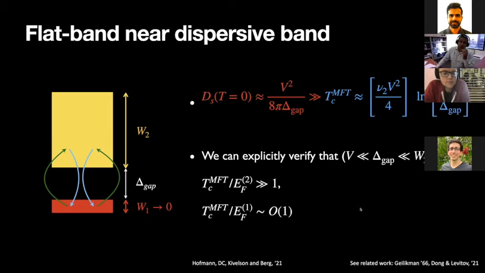Now, the other reason why this example is quite illustrative is because we can explicitly verify whether the actual transition temperature has any of these TC over EF type bounds. And in fact, I recall how I introduced two definitions, and it turns out, at least according to one of those definitions, you can violate that by an arbitrarily large amount.